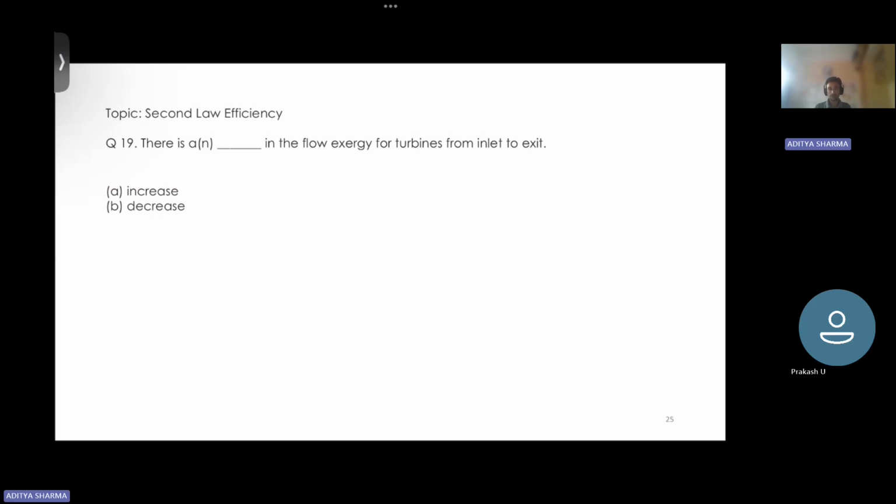Because we know that in turbines, we extract work from a turbine, right? That is the work of a turbine. So in that case, it loses its potential as it reaches the exit of the turbine. Right?